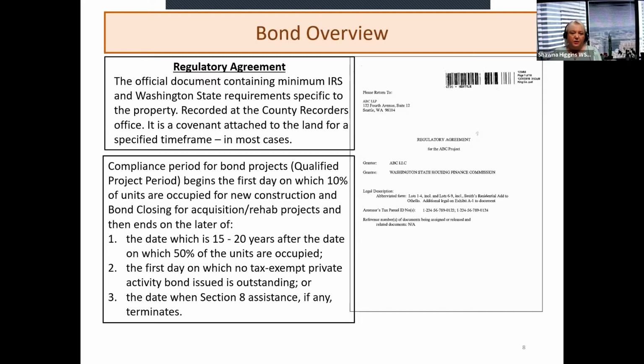And then the third one is the date when Section 8 assistance is terminated from that property. So if you have a Section 8 contract with this property, usually those are long-term, and usually you don't really terminate those. So this regulatory agreement could follow that property for quite some time.